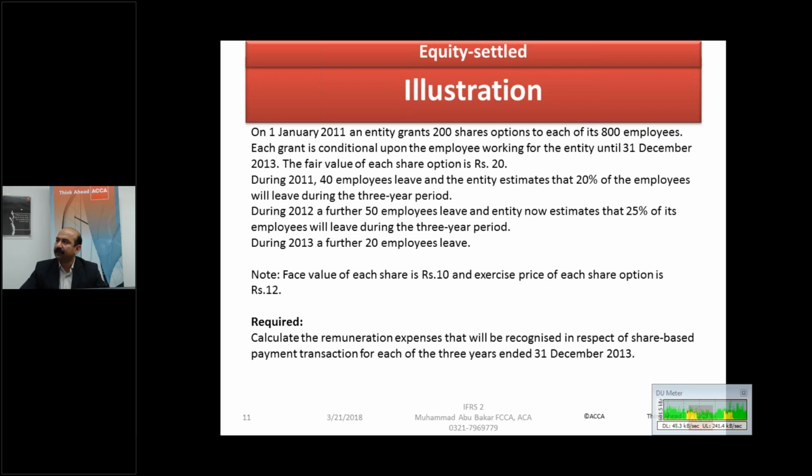So whosoever is exercising this option will be paying to the company 12 rupees per share. So this is the cash, in addition to the equity reserve which you build up over the vesting period. Madiha, I suppose it should be clear.